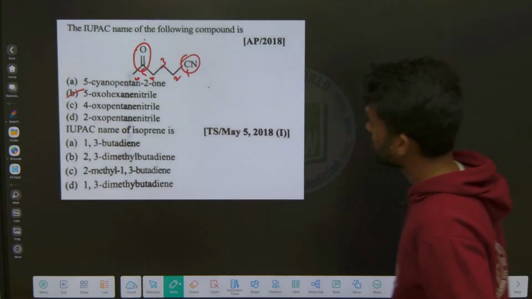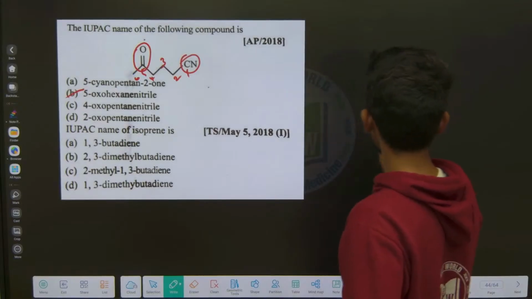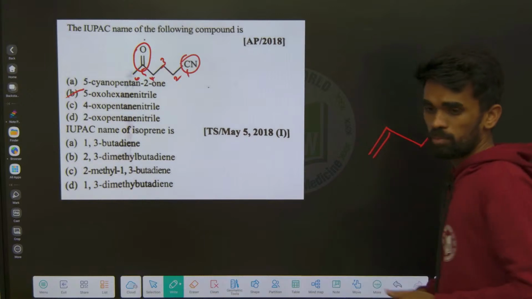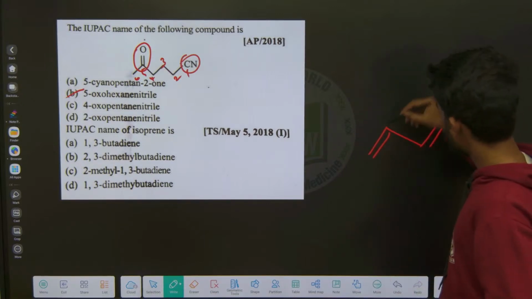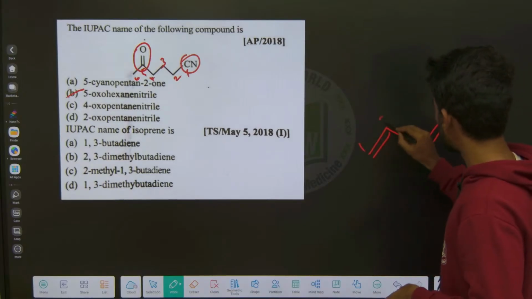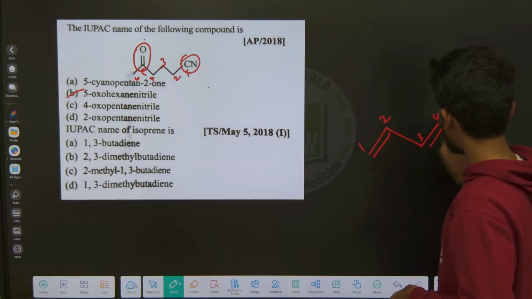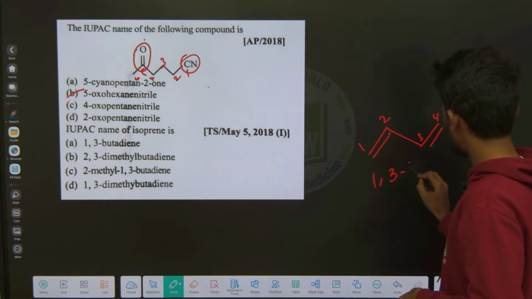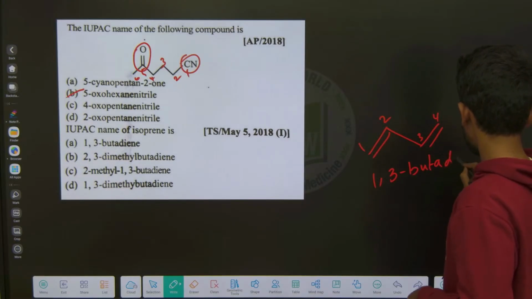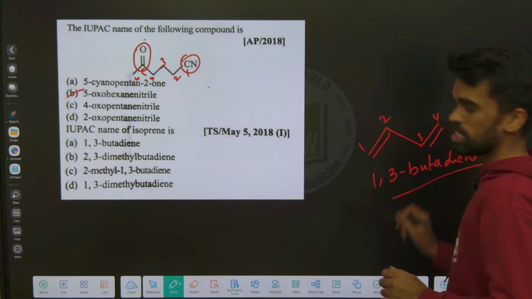Next, isoprene. What does isoprene mean? This is butadiene, not cyclobutadiene. See 1, 2, 3, 4. So you have 1,3 butadiene. This is normal.